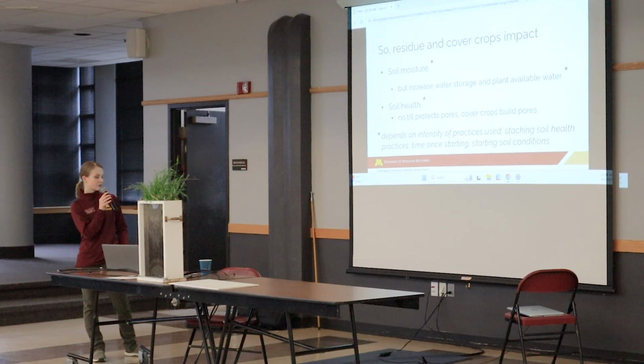And we also see a really great impact on soil health and other soil processes. And this is important to put into just a simple sentence. No-till is really protecting the soil pores from being disrupted, and cover crops are building the pores or building the soil structure. So trying to use both of those practices effectively to really improve the health and longevity and productivity of your soil.